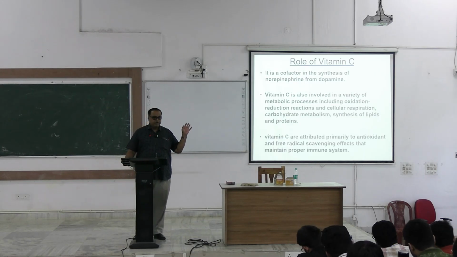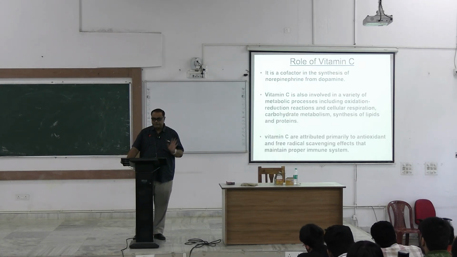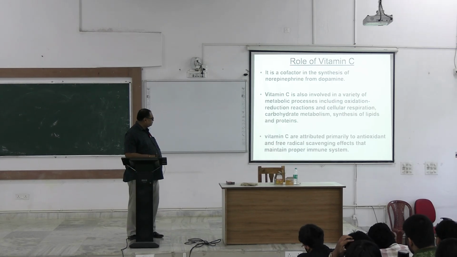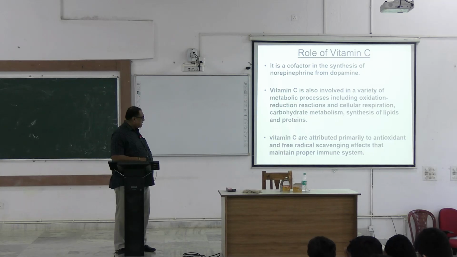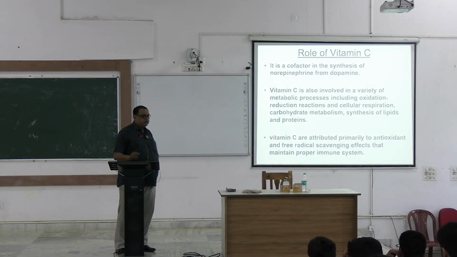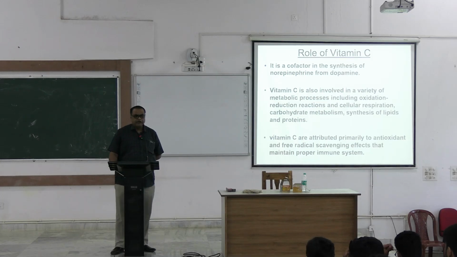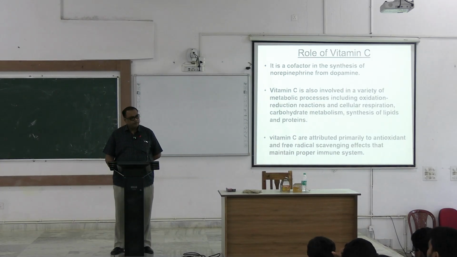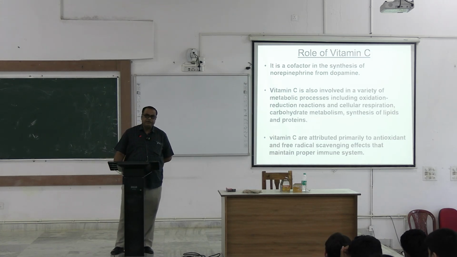Just take a quick look at the role of vitamin C. Metabolic processes which are helped by vitamin C, and this particular one. Can you recall a diagram from vitamin E? Go back. The antioxidant property of vitamin E. Go back to the diagram.